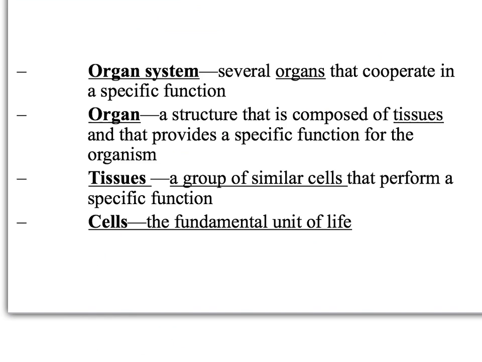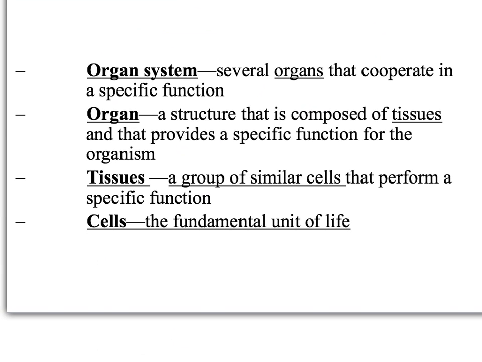And now getting smaller, we had our organism, our individual lemur. Now, if we were to dissect that lemur into smaller parts, we would first look at the organ system, which is several organs that cooperate in a specific function.